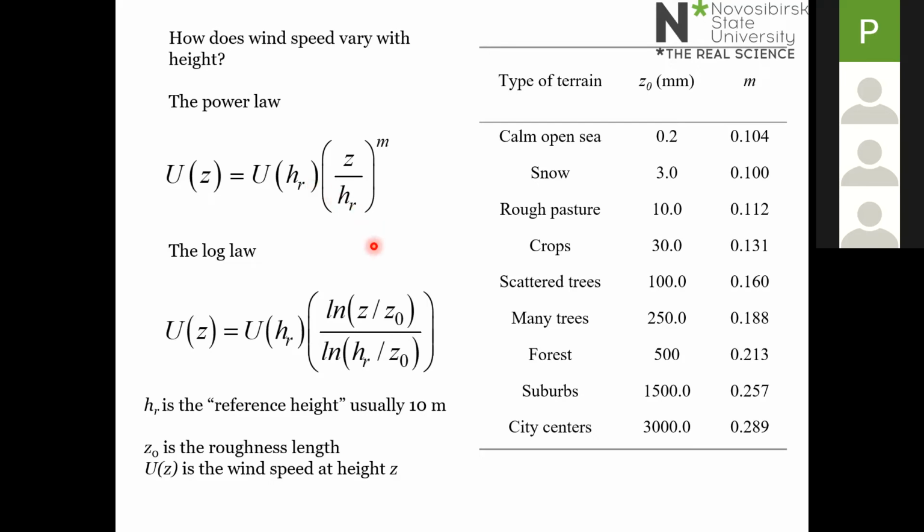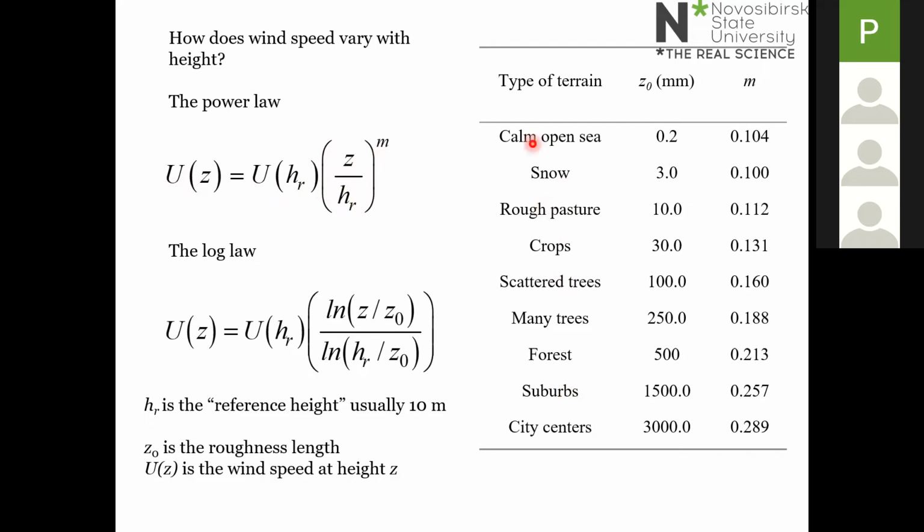And there's basically two ways that extrapolation is done, either through what's called a power law. And the power law says that the wind speed varies with height, which is the symbol Z. HR is a reference height. And the power law is a function of the terrain type.